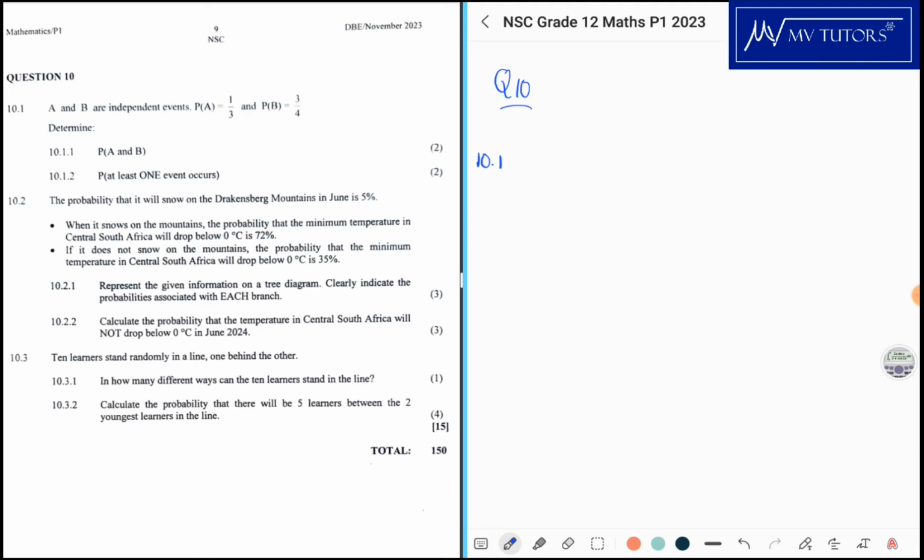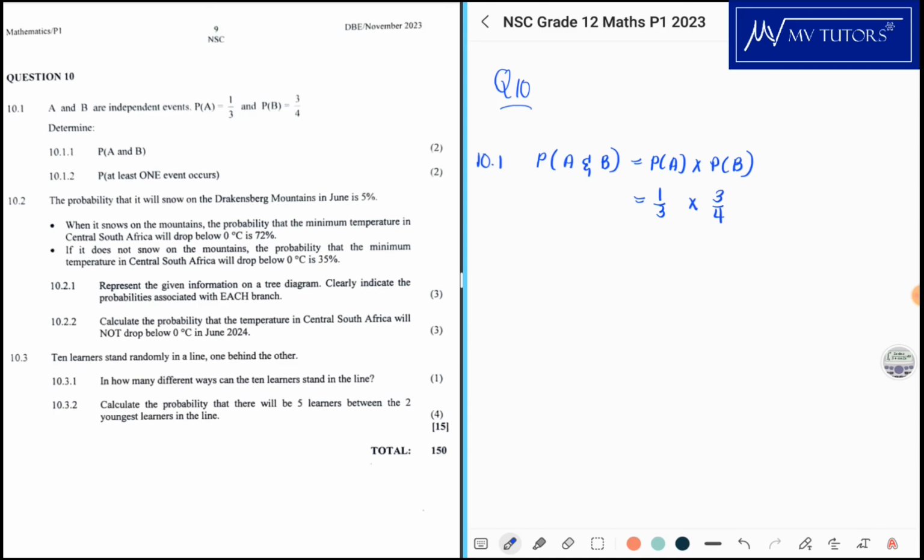So 10.1 says A and B are independent events. All right. So as soon as I hear independent events, I think about this formula. Probability of A and B is equal to the probability of A multiplied by the probability of B. All right, and they tell us that the probability of A is 1/3 and the probability of B is 3/4.